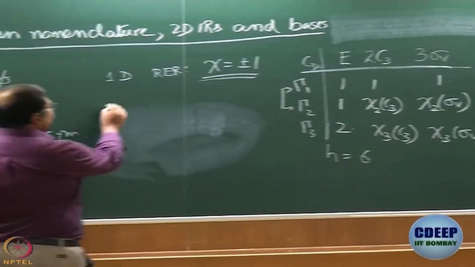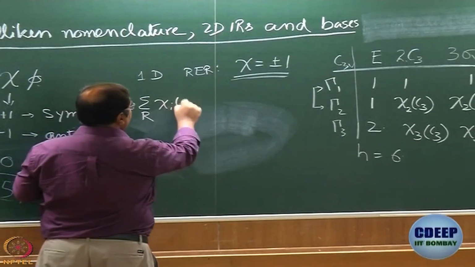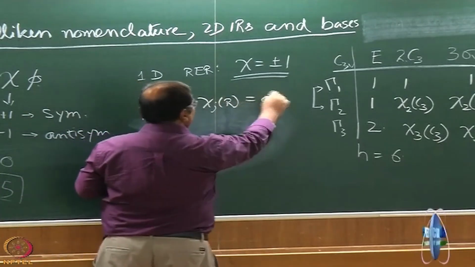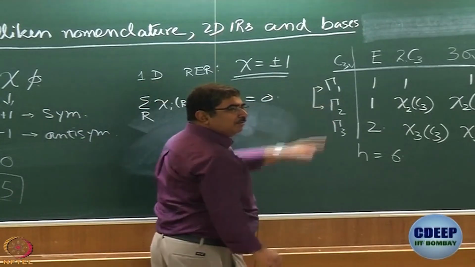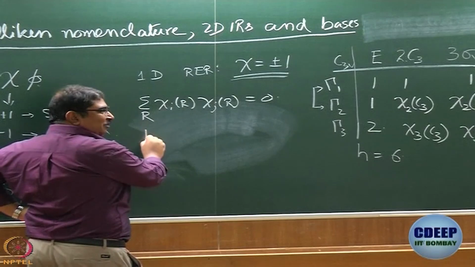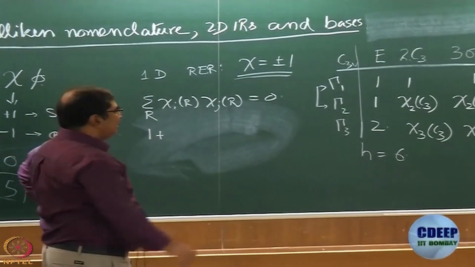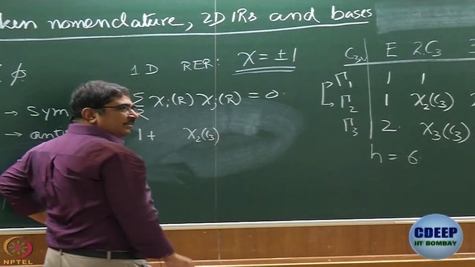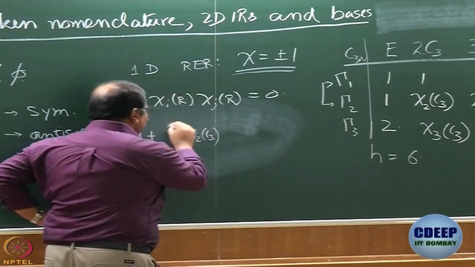So, I am using the rule sum over R, chi i R, chi j of R equal to 0, orthogonality, and I want to work with gamma 1 and gamma 2. Help me. First one is for E, 1 into 1 is 1. What do I get for C3? Yes, 1 into chi2 C3. Into 2, right. Do not forget into 2.